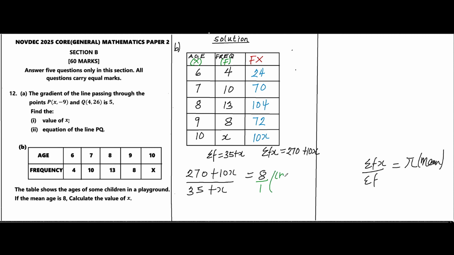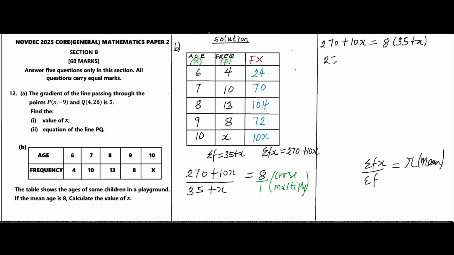We can cross multiply. So 1 multiplied by this particular expression, we have 270 plus 10x. And this must be equal to 8 multiplying the whole of this expression, 35 plus x.